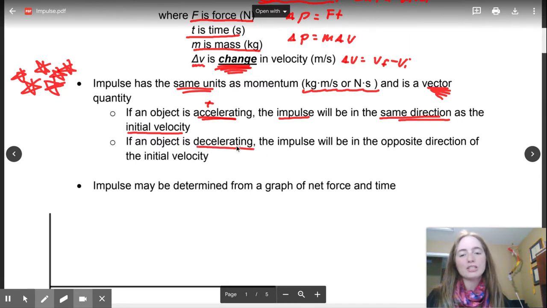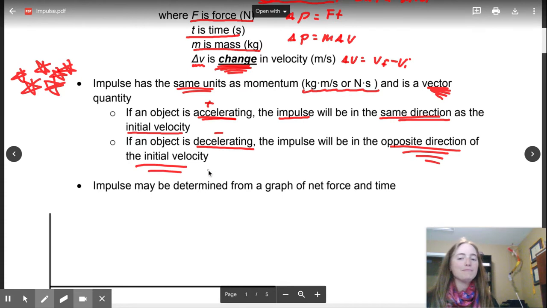If an object is decelerating, that means impulse is going to be in the opposite direction. So if you were slowing down, with a positive initial velocity, your impulse is going to be in the same direction as your acceleration, which is going to be negative.